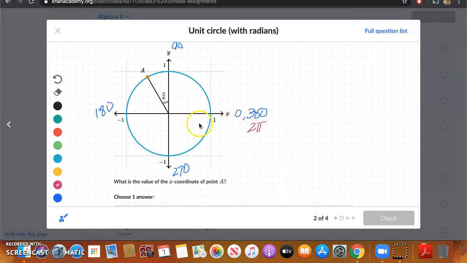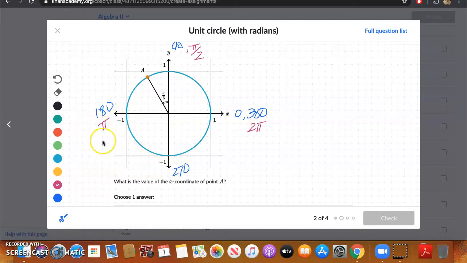So if you take that idea that a full circle is 2 pi, then half a full circle would be half of 2 pi, otherwise pi, right? And likewise, a quarter circle is half of pi, so that would be pi over 2. Now, if you want to go down here to 270, you would have to go another pi over 2.